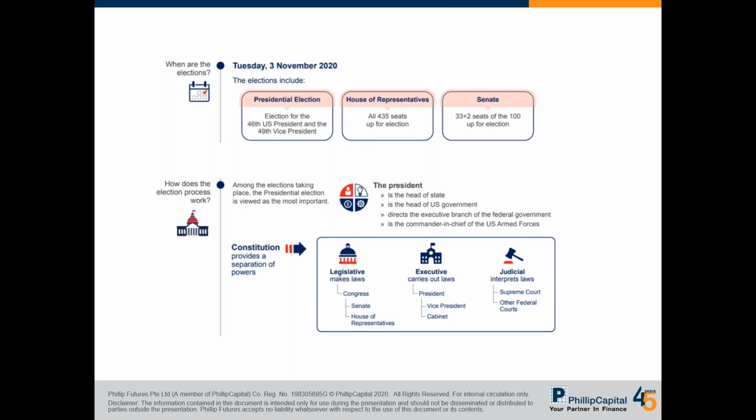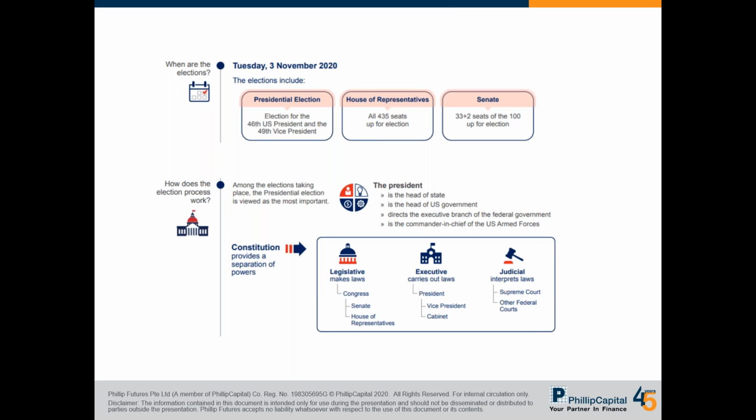A lot of times I do get this question: does he have absolute power? No. We have the constitution that provides a separation of powers. As you can see on the lower graphic, the constitution consists of the legislative, which will make the laws, the executive, which will carry out the laws, and the judicial, which will interpret the laws.